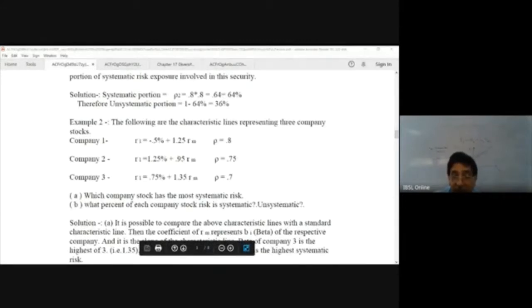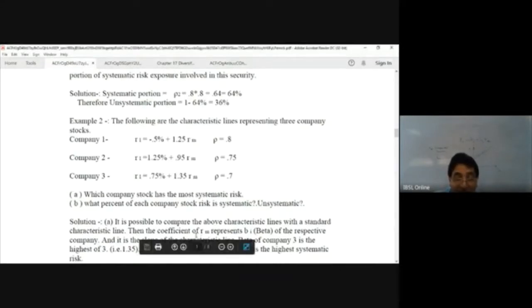Just give an answer. Even though it's correct or wrong, you can give it. Just to say what is beta for company 2. Company 2 is given in the note. Yes. Quickly give.